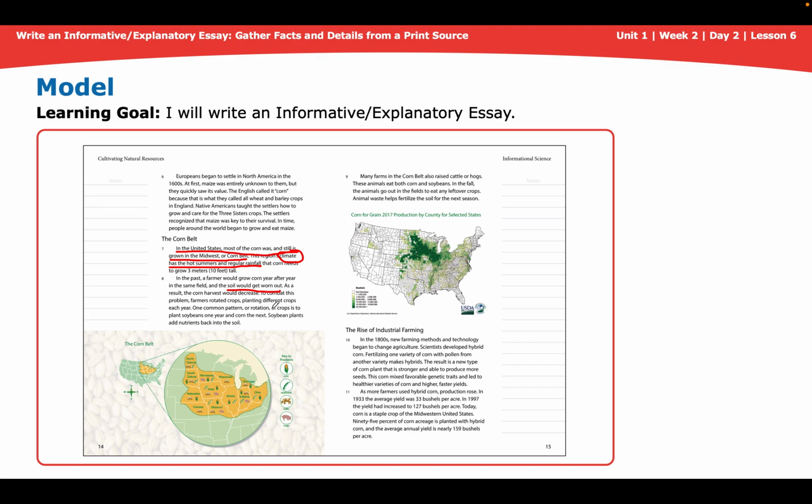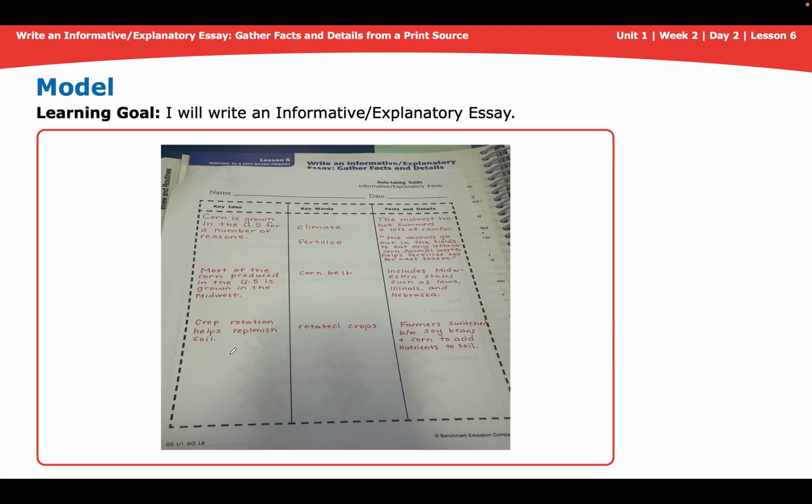So to combat this, they started to rotate the crops, planting different crops each year. So that's what I put for key idea. Crop rotation helps replenish the soil. And the word rotated was important because that's how they kept the soil healthy. And that they switched between soybeans and corn to add nutrients to the soil.